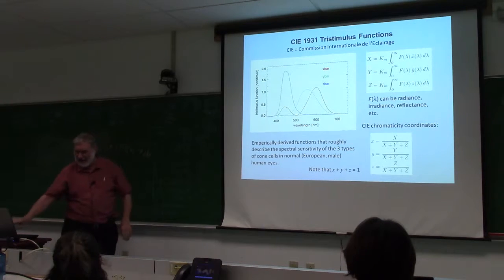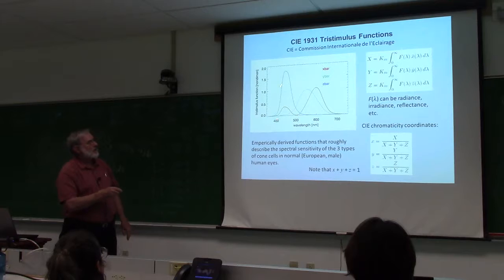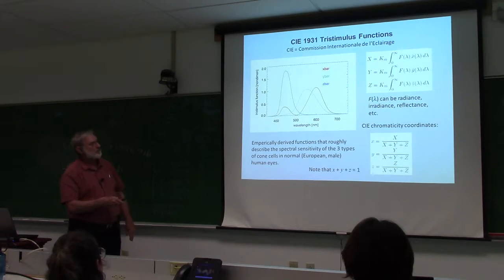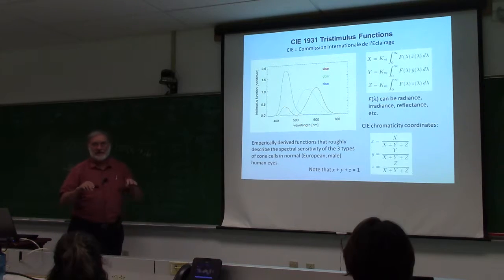And they were kind of able to map out these what are called tri-stimulus functions. There's a blue one, a green one, and a red one. And you notice the red cones are also kind of sensitive to blue here. But they came up with these things which have been adopted as the way you convert spectra into colors.